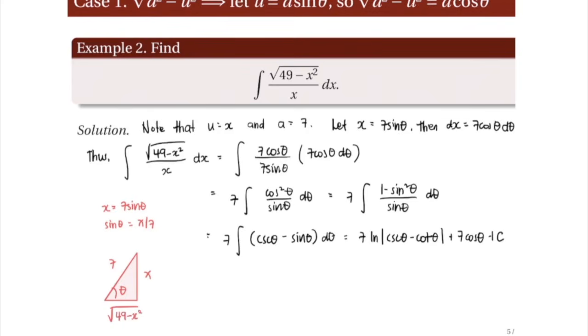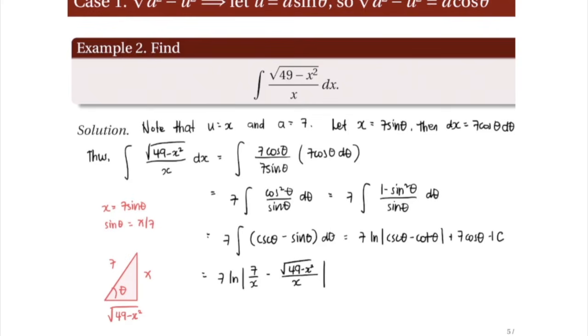So, this is equal now to 7 ln absolute value ng cosecant theta. Again, that would be hypotenuse divided by the opposite minus cotangent would be yung adjacent, so that would be square root ng 49 minus x squared divided by the opposite, so that would be divided by x.